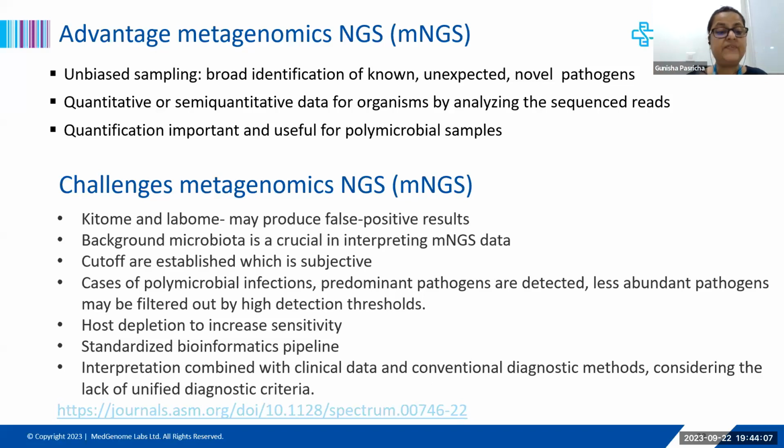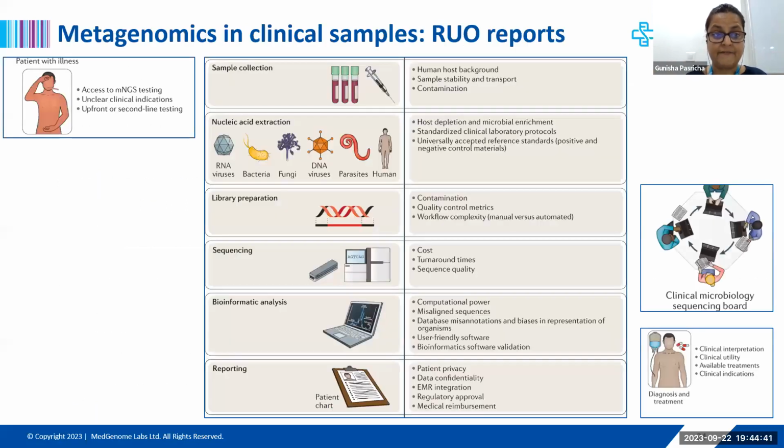So we remove the host reads initially, which increases the sensitivity of metagenomics. It is also extremely crucial to have a standardized bioinformatics pipeline, which will remove the subjectiveness or manual involvement of the laboratory staff, the ID specialists or the clinicians.